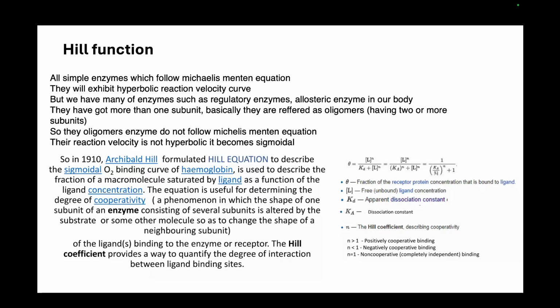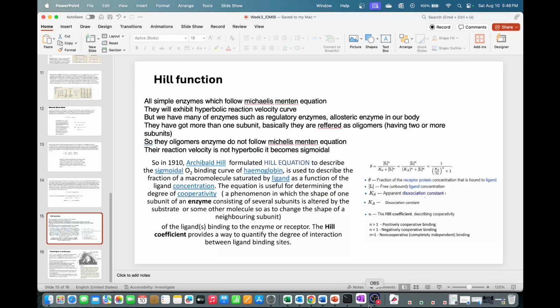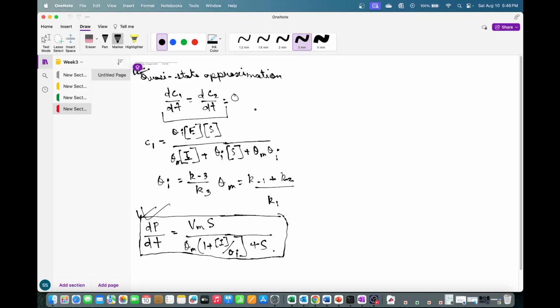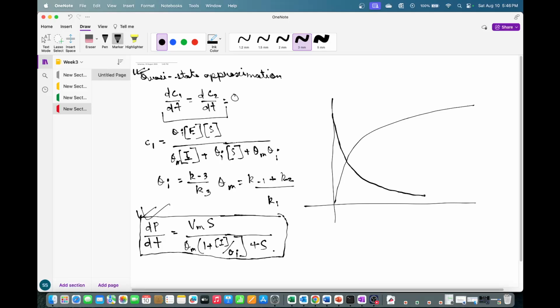So it will be like a hyperbola, and the substrate and the product will be like this. So just let me draw it here. Your product will be like this, and your substrate will be something like this.